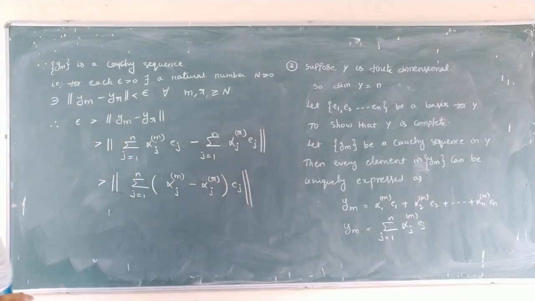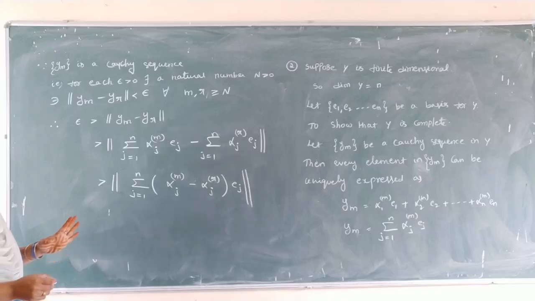Now, not the norm AB formula; here we are using the linear combination theorem of unit 1.